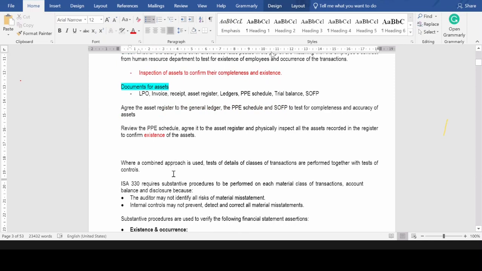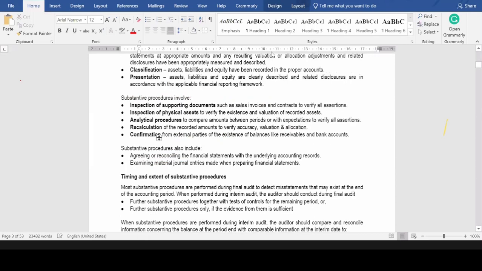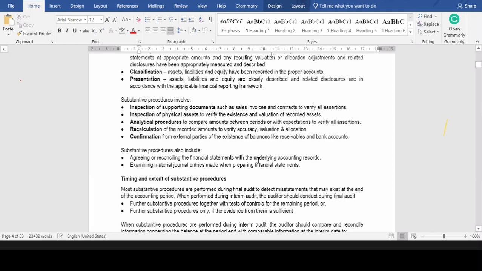Now, inspection of supporting documents, inspection of physical assets, analytical procedures, recalculation, confirmations, agreeing or reconciling the financial statements with the underlying accounting records, examining material journal entries made when preparing financial statements. All these we have looked at. What are we testing?